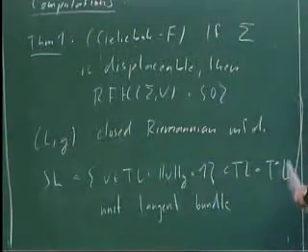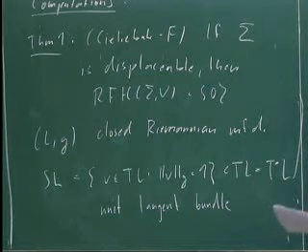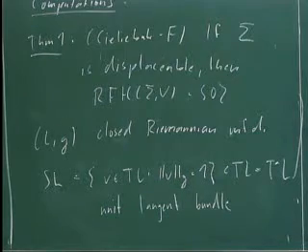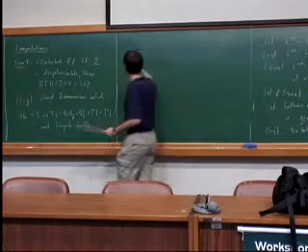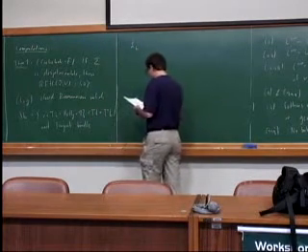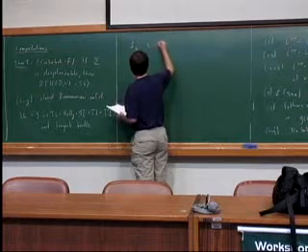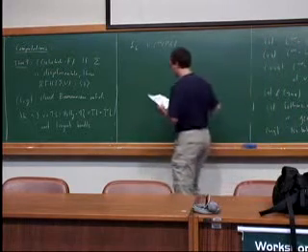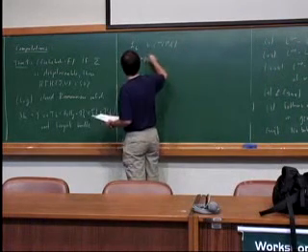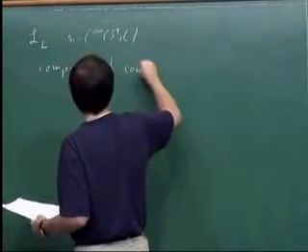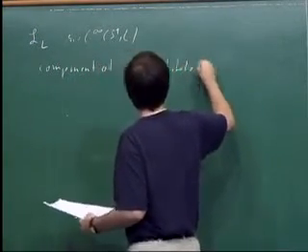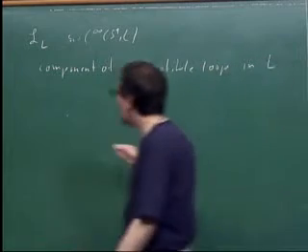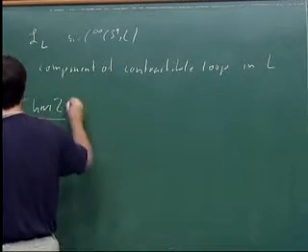And LL is now the loop space of L, the component of contractible loops in L, and then the result is theorem 2.